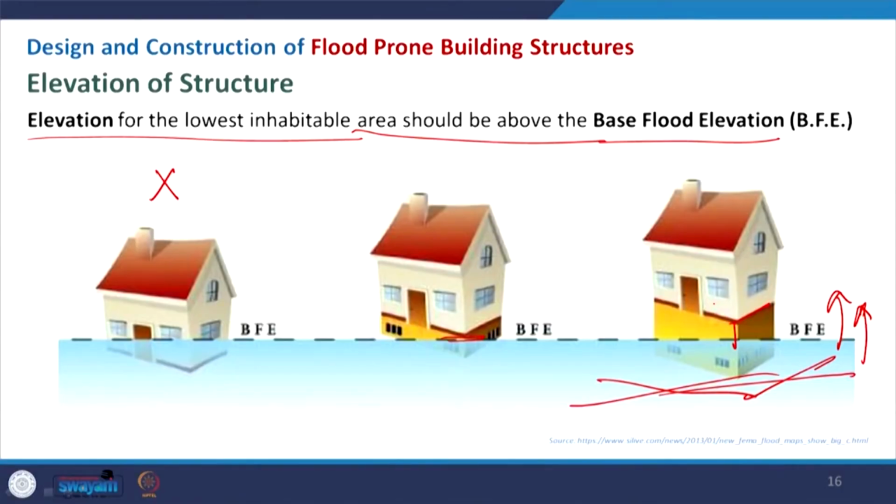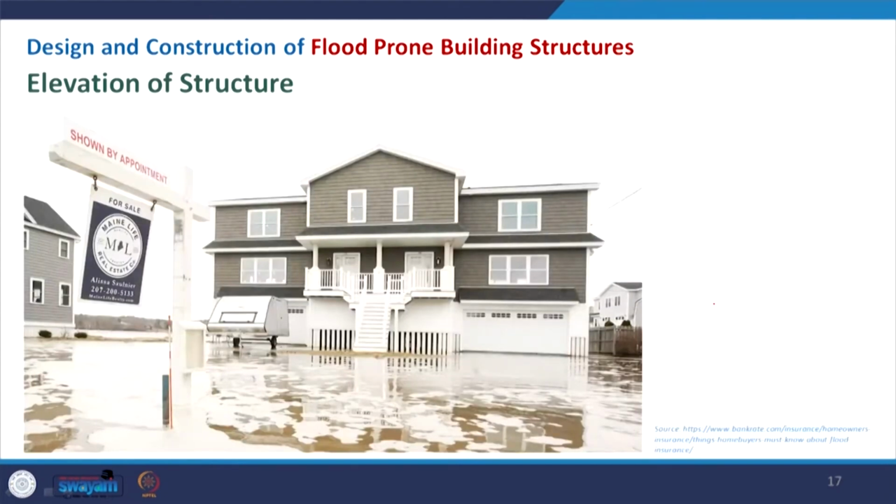So elevation of the structure is one of the important measures by which you can reduce the risk during the flood. This is the example that I have just shown. This is a picture where you can see that the situation is waterlogged, but because you have a raised platform, you can see this particular height where this is raised. Maybe this bottom portion you may use for some basement, and you can see the ventilation.